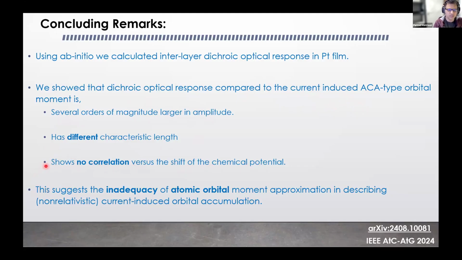The take-home message is that the atomic orbital picture may not be adequate, as often people do, in describing the non-relativistic current-induced circular dichroism.